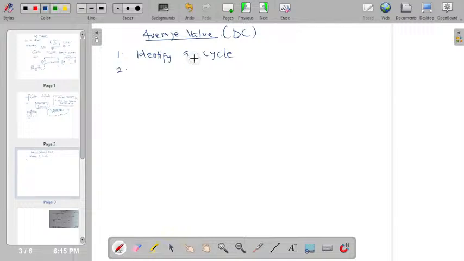Number two, after identifying your cycle, you note the period. The period is the time taken for the alternating current to go one full cycle: when it starts and when it starts again. Maybe you started from 0 and you start the next cycle at 6, and the one after at 12. That becomes your period.